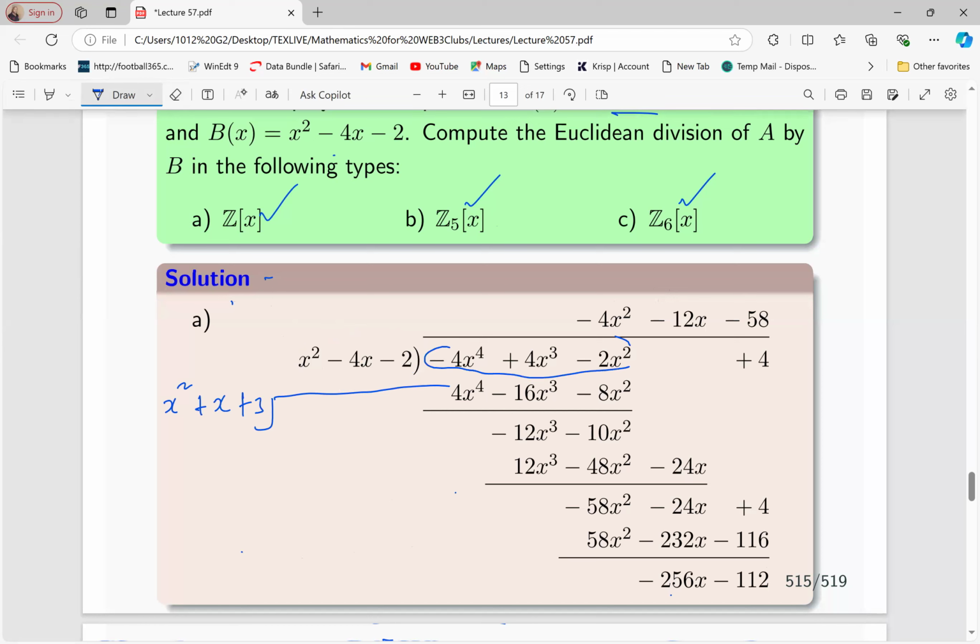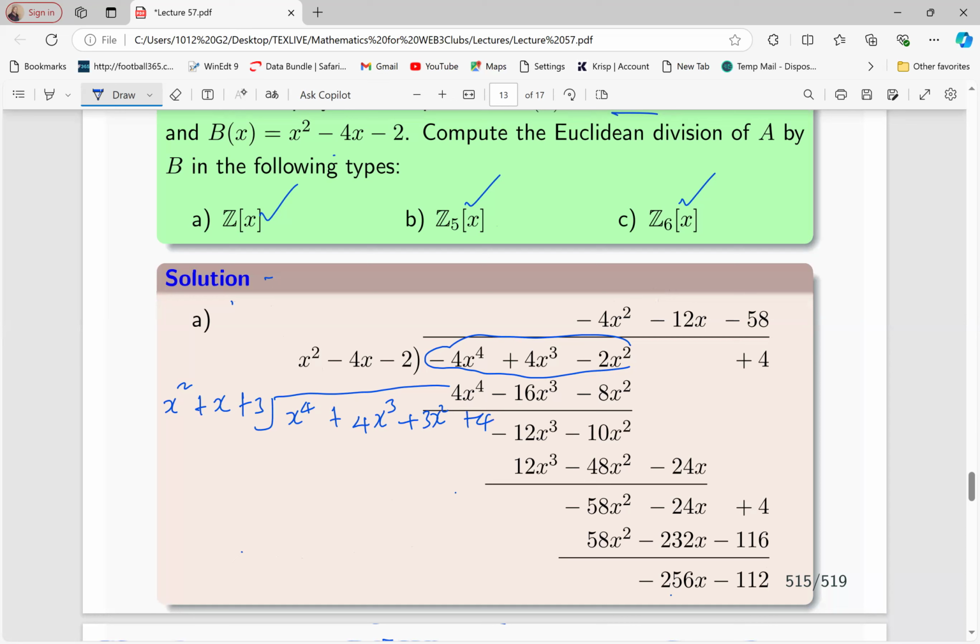Also make it mod 5. For x raised to 4, just add 5, and this is already okay, it's positive. 4x cubed is positive, so it's okay. But this is not positive, so you can make it positive: 3x squared. And then x is not there, 0, so then plus 4.